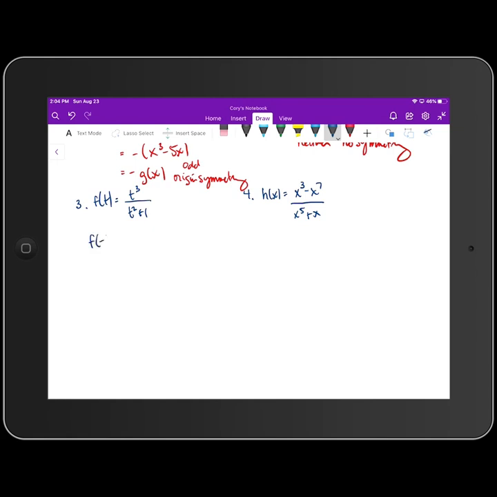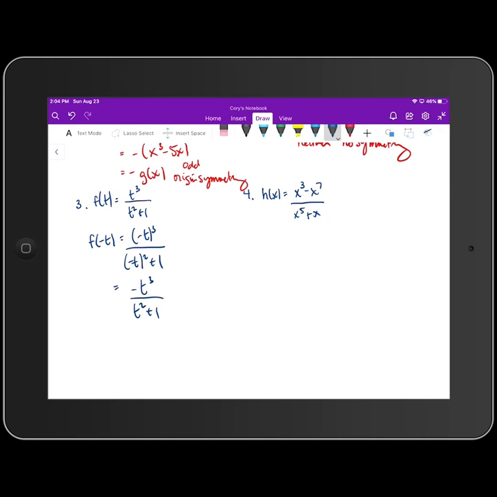So we're going to take f of negative t, the opposite of the input value, which gives us negative t cubed over negative t quantity squared plus 1. So when we do that, that becomes negative t cubed over t squared plus 1.